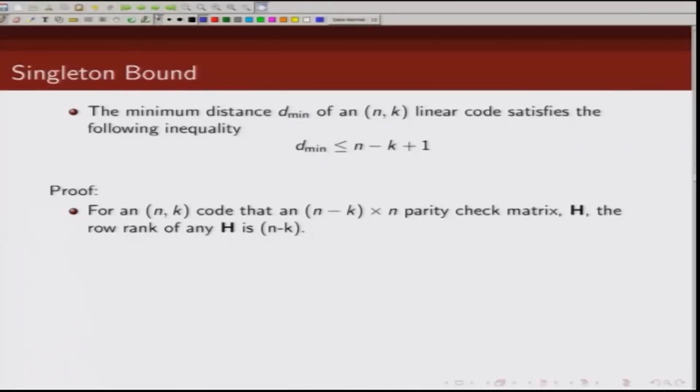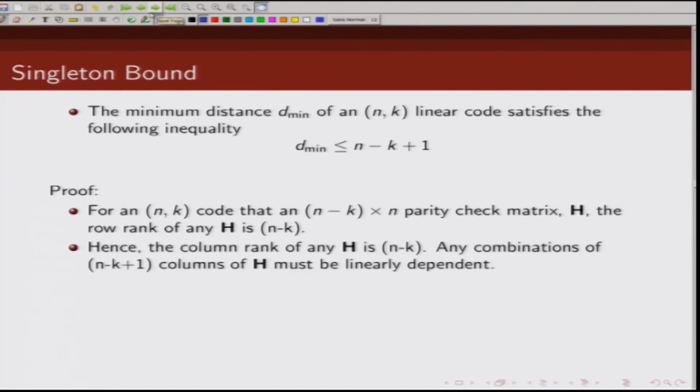Now, how do we prove this? So, for an (n, k) linear block code, we have an (n minus k) cross n parity check matrix. And what is the row rank of the parity check matrix? That is n minus k. Now, if the row rank is n minus k, then the column rank is also n minus k.